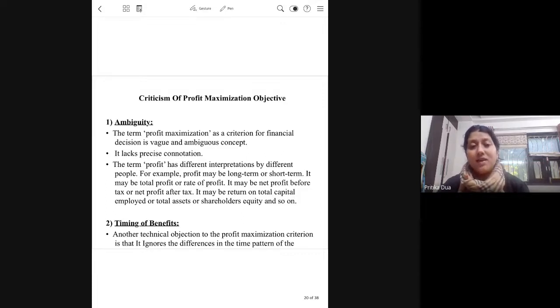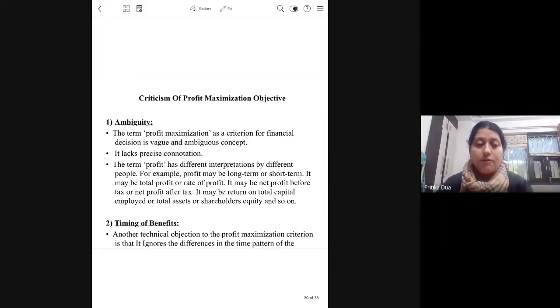So that makes it a very unclear, a very vague concept as to what exactly we mean by profit maximization. So there's no universally accepted definition of profit maximization.